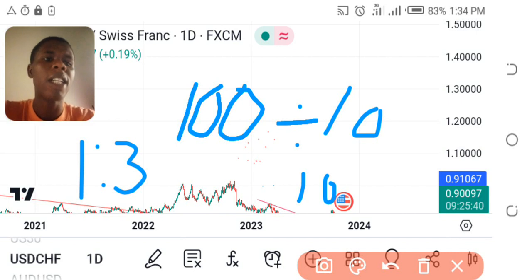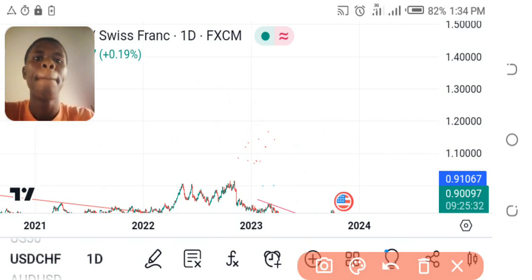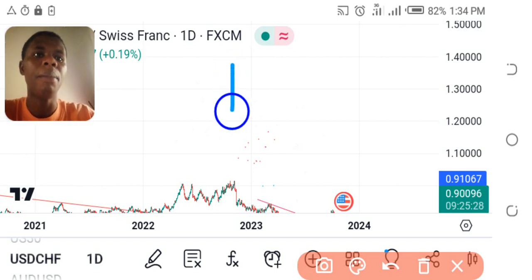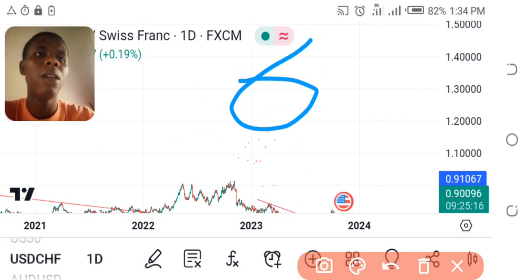Now let's take for example, I make out my trade at the end of the month. I took 10 trades, and 6 of my trades played out, and there were 4 losses.